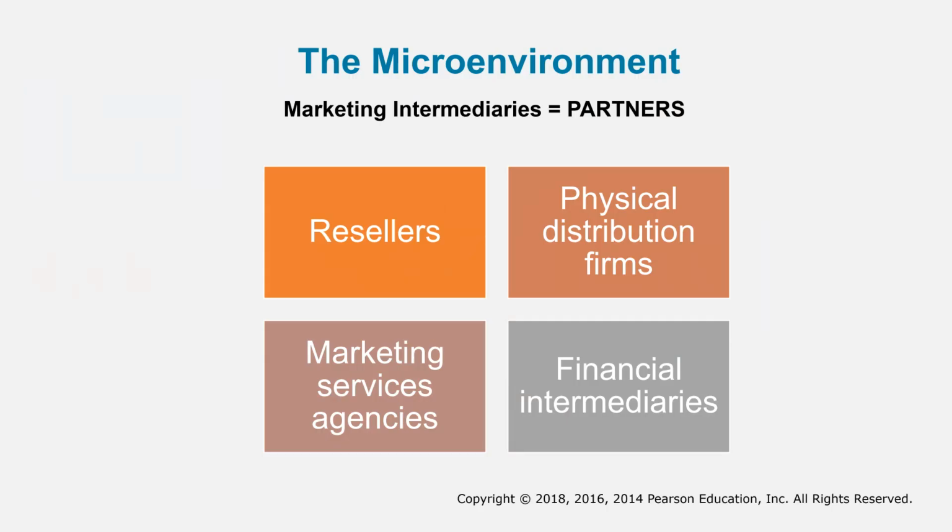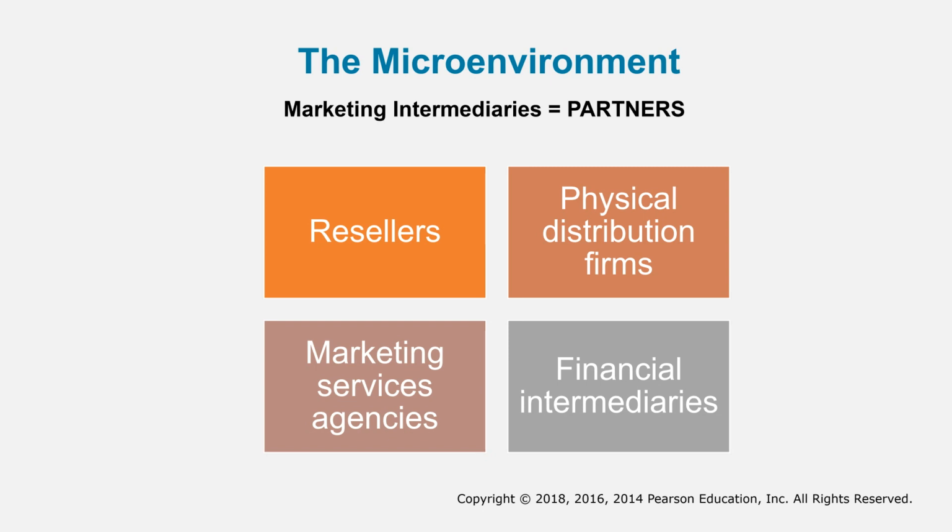Let's take a quick peek at marketing intermediaries, which I call partners because they're super critical. Marketing intermediaries are resellers. They're your physical distribution teams, meaning the stores. You could do a great job at marketing, but if the stores aren't delivering on quality and also delivering the great pictures that you post, then that's an issue.